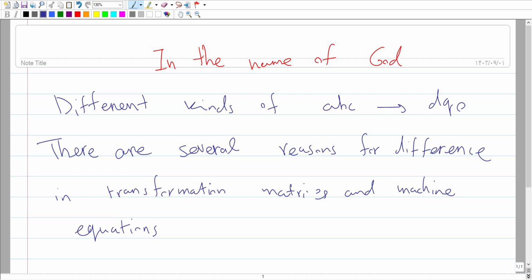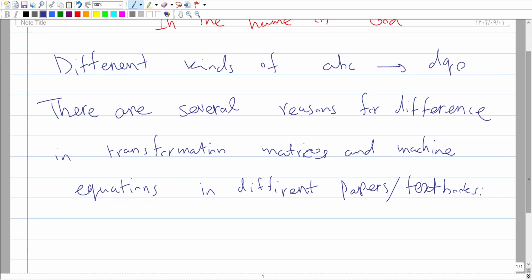This is matrices, let me correct it. And the machine equations, although the machine is the same, but the mathematical relations seem different in different papers or textbooks. This is interesting, really interesting.